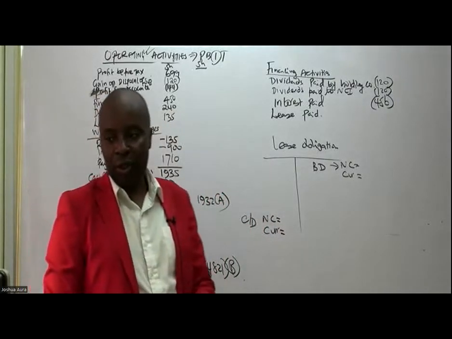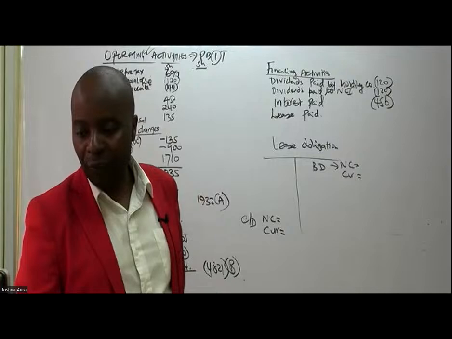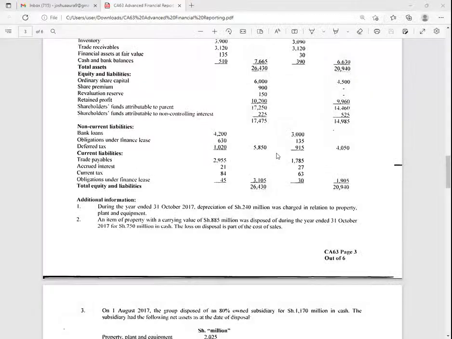For lease obligation non-current, are you able to see the figure? For the obligation under finance lease brought forward, I can see 135 and 30. So 135 here, and then we have 30 there.